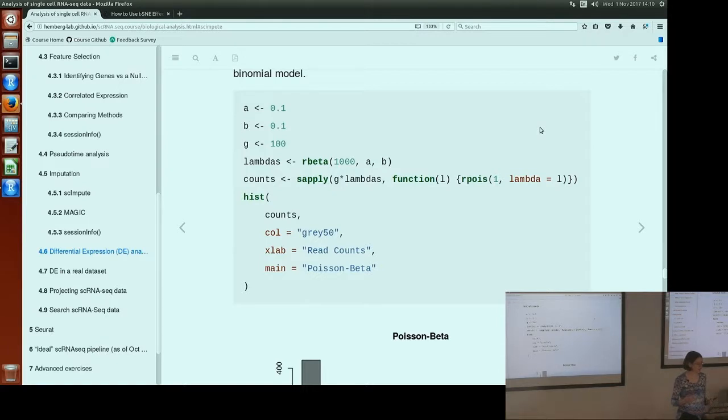If you follow that model for stochastic expression from a promoter, then you get a Poisson-beta distribution. First we draw a beta random variable using alpha and beta, and then we draw a Poisson variable using the mean, which uses the gamma and the lambda drawn from the beta distribution.